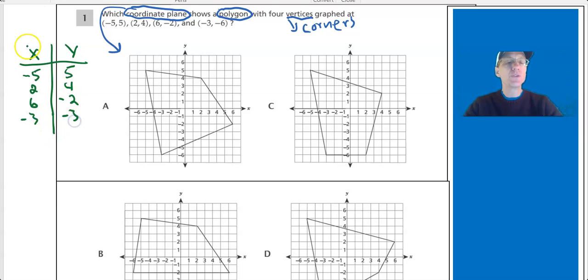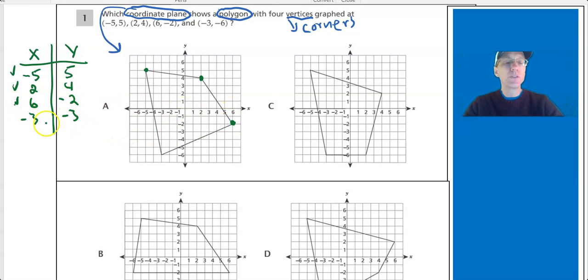Of course, you do the X first. You go left or right, and then up or down. So we're going to check this one. We go over -5, and then up 5. This first one maps out really good. Next one is over 2 and up 4. Looking good so far. Over 6 and down 2.